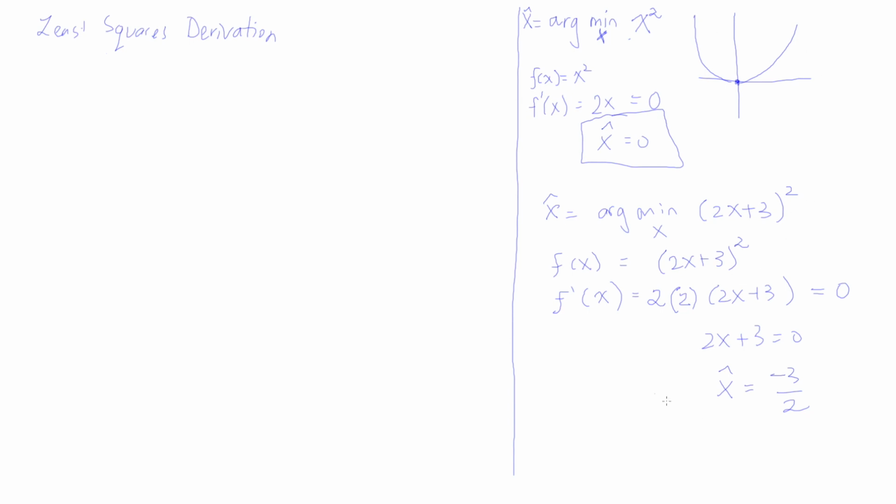So we want to apply this simple logic to find the best regression line. Let me start a brand new page. This is our loss function, L(a,b), is equal to 1 over n, sum from i equals 1 to n, of (yi minus a minus b xi) squared.